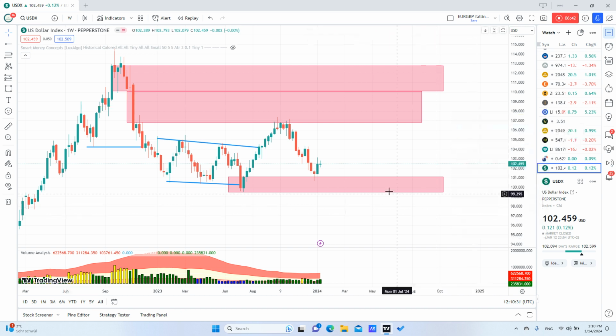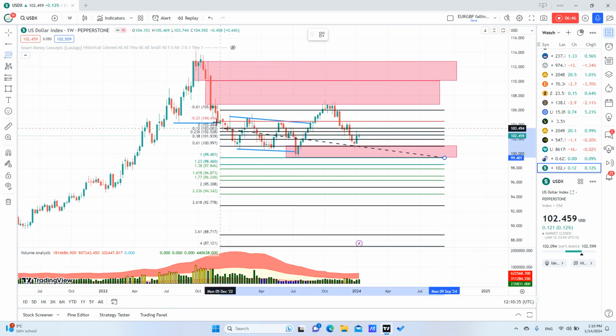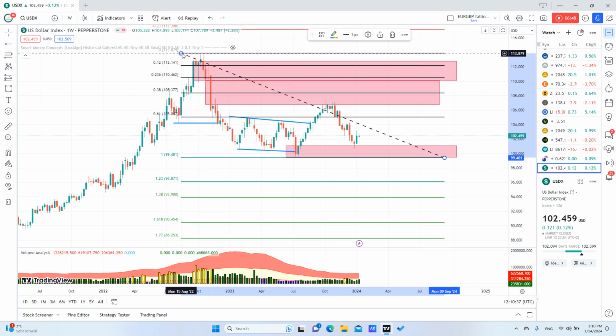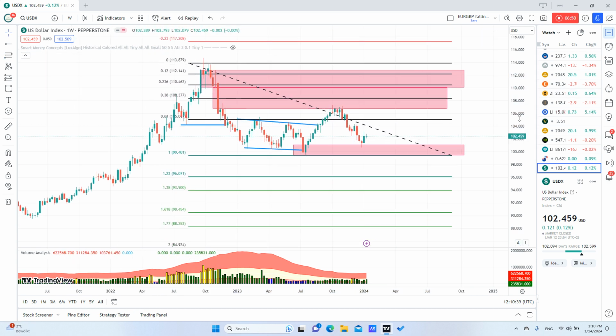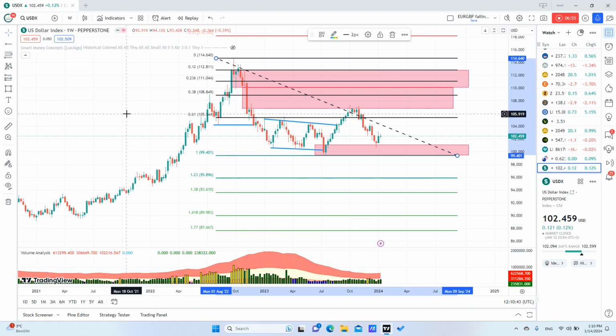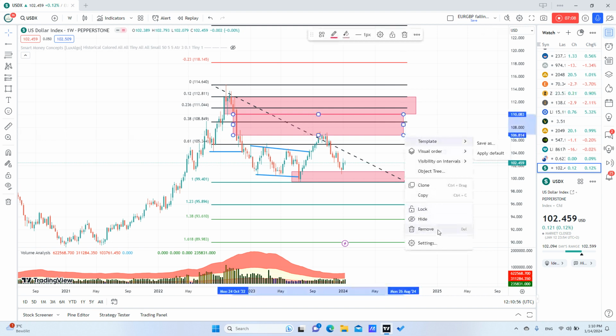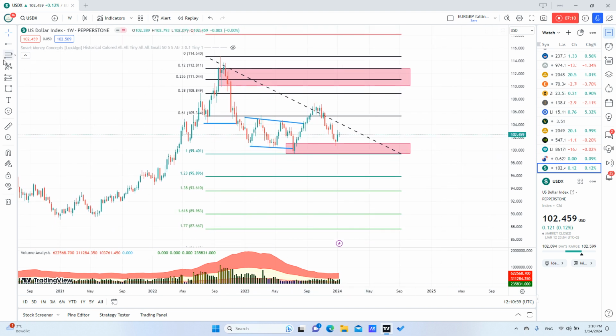So there are only two possible waves, and of course it's always two possible waves, because it either goes down or up. But as you can see here, price retraced back, and it didn't even reach the 61%. I think it reached like 50%, which is also a very good retracement level. So it may go down from here.